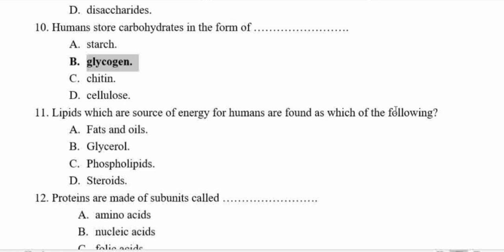We store them and use them when the need arises, mostly when we have either made use of or depleted our carbohydrate source. So the lipids are basically for long-term purposes, whilst the carbohydrates we use immediately.